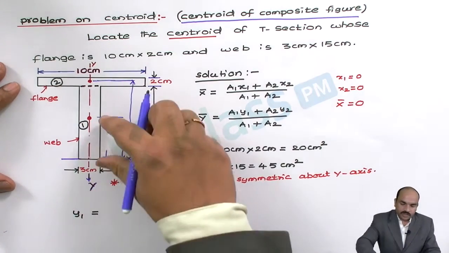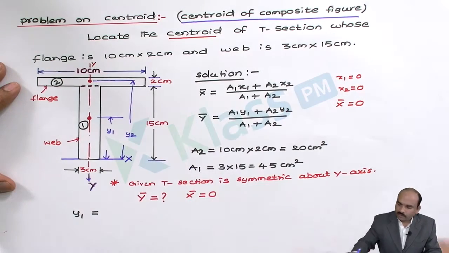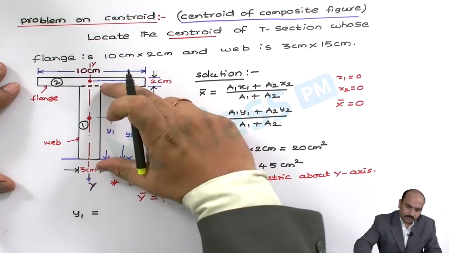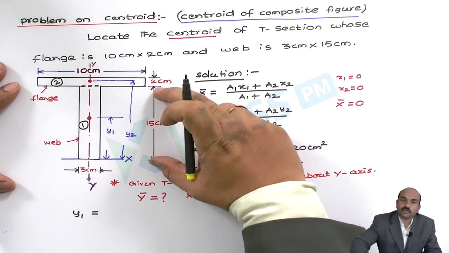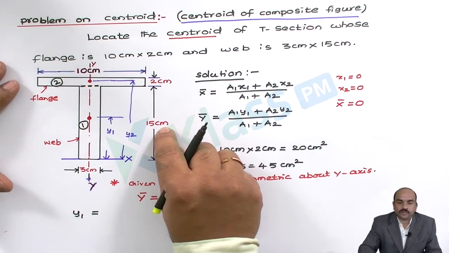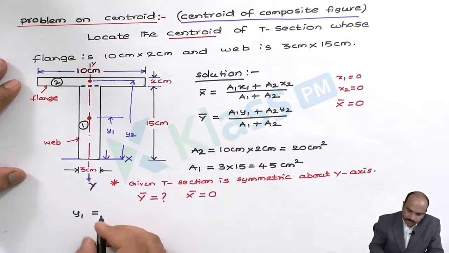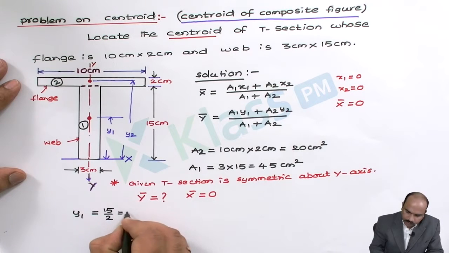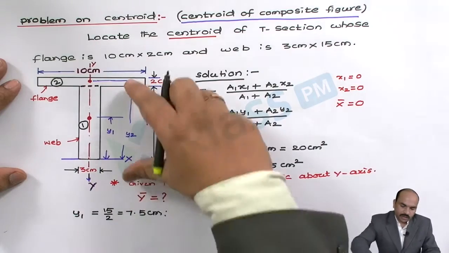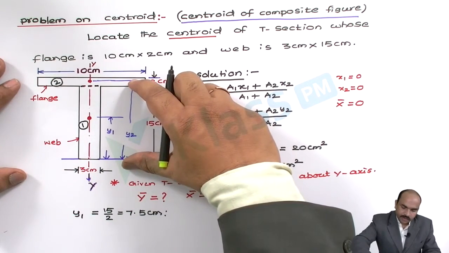Any distance we have to measure from the reference axis only. Now in this case, this is a rectangle with total height given as 15. Up to its center it will be half of the 15. So y1 will be 15 by 2, that is 7.5 centimeters.